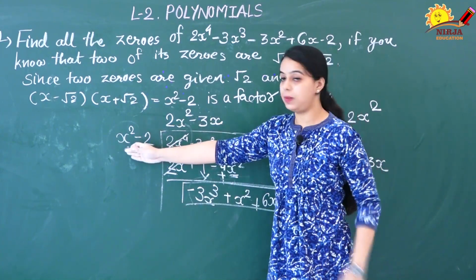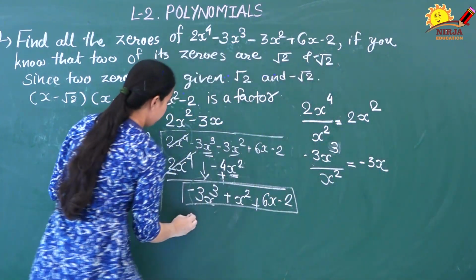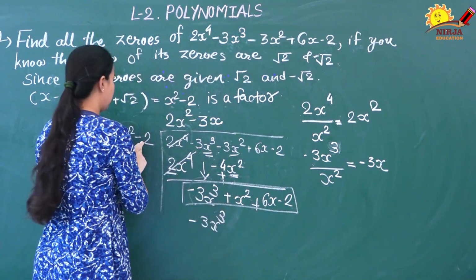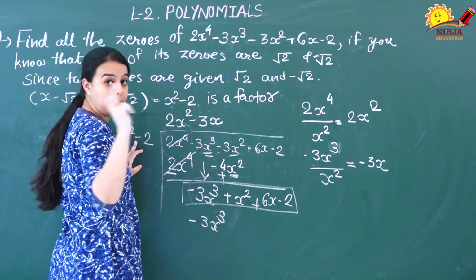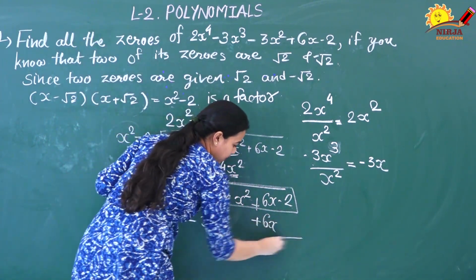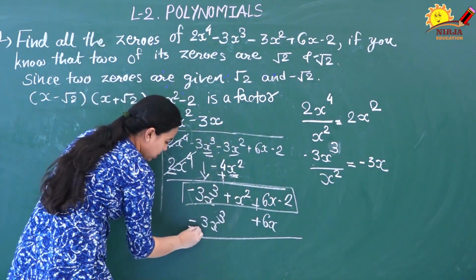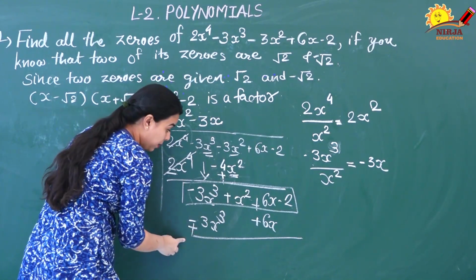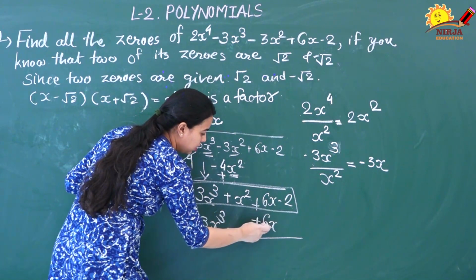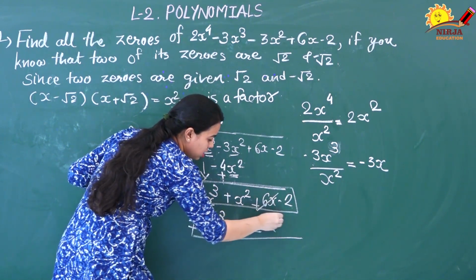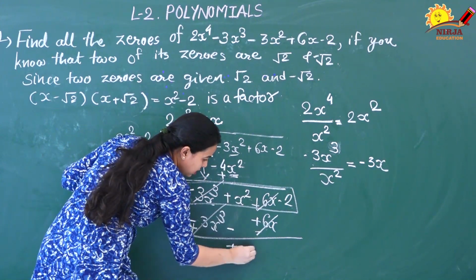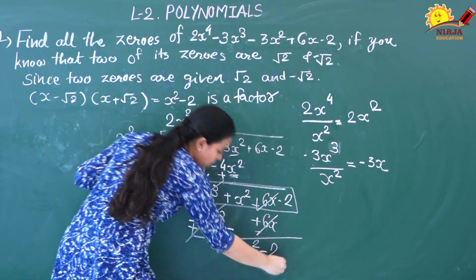Minus 3x multiplied by x square becomes minus 3x cube, and minus 3x into minus 2 becomes plus 6x. Let's change the signs: minus minus will become plus. This is going to cancel, and this also. What is left? Plus x square minus 2.